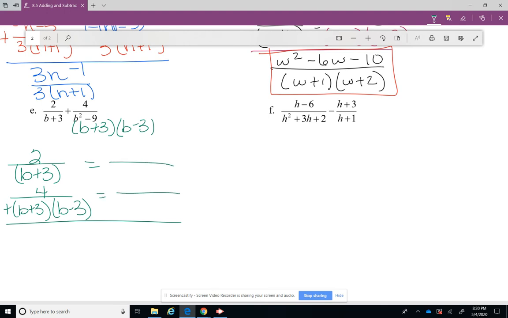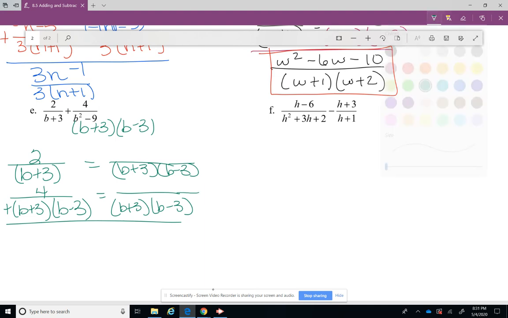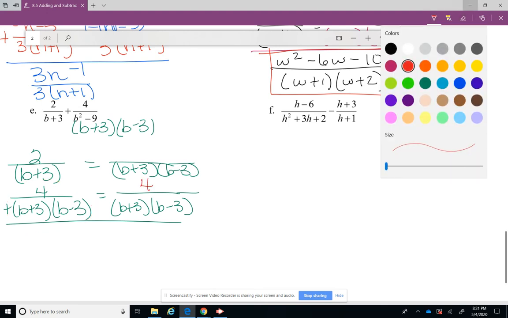All right, I'm going to rewrite my common denominator, which is b plus 3 times b minus 3. This second one doesn't change because we didn't multiply anything by the denominator.